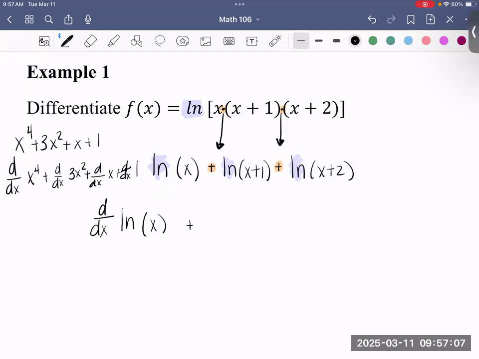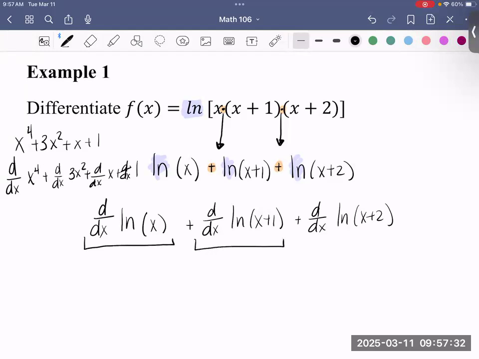So you can take it in chunks. Same thing, you get to derive in chunks. So you could say, okay, this is the derivative of ln of x, then the derivative of ln of x plus 1, and one more time, the derivative of ln of x plus 2. See if you can pause the video here and now go ahead and derive these in chunks.